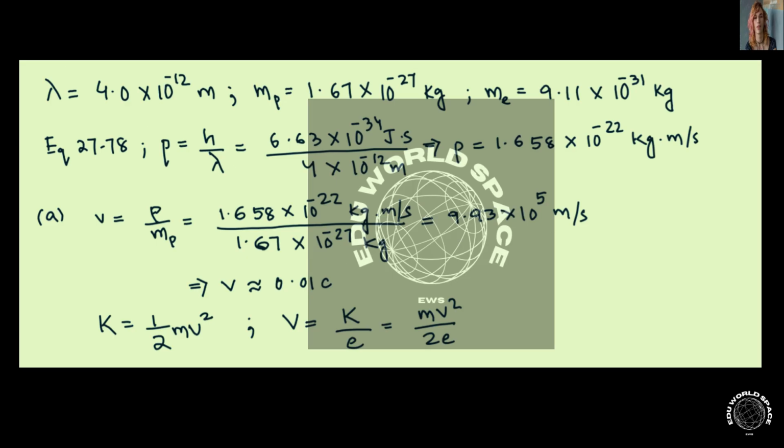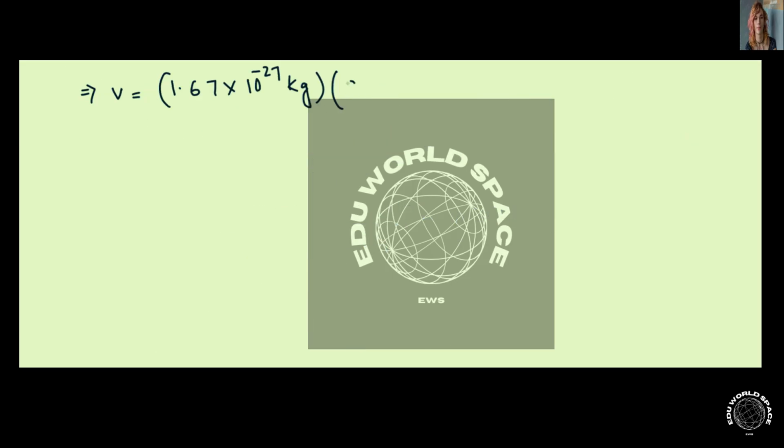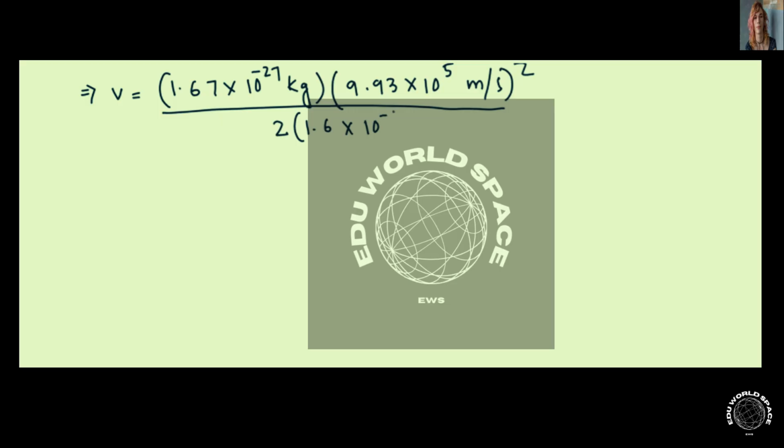and this is then equal to mass, which is 1.67 times 10 to the power minus 27 kg, times the velocity, which we found over here, 9.93 times 10 to the power 5 meter per second, and we take a square, over 2 times the charge of the electron.